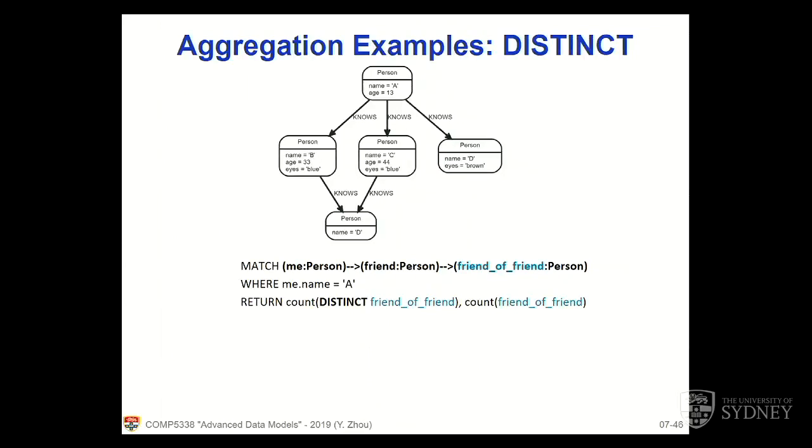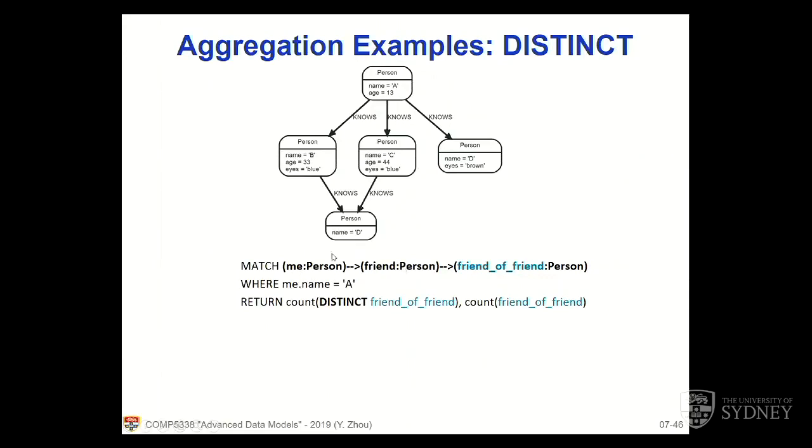For certain aggregation functions, we can add keywords as a modifier to slightly change the behavior of the function. Distinct is one of these modifiers. So for instance, let's see this query. This is the pattern, right?